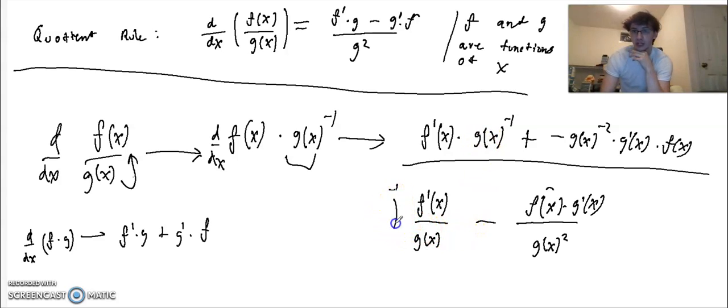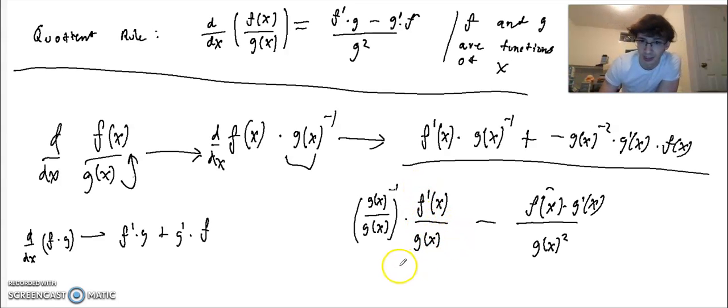what we can do is multiply this by 1. You might see where I'm going with this. We're going to multiply the top and bottom by g of x, and anything divided by itself is just 1. Anything multiplied by 1 doesn't change anything, so we can do that.